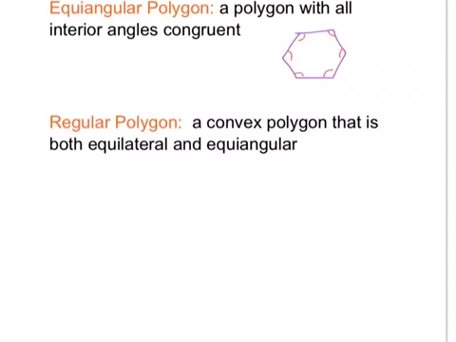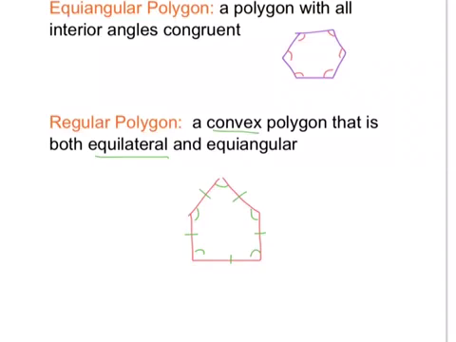So by convex, we know that it cannot have an inside. There's no point inside. It's equilateral, which means all the sides are the same length, and equiangular, so all the angles are the same, which this one doesn't look true because this looks like a right angle.